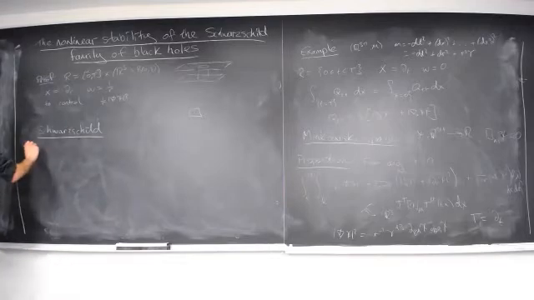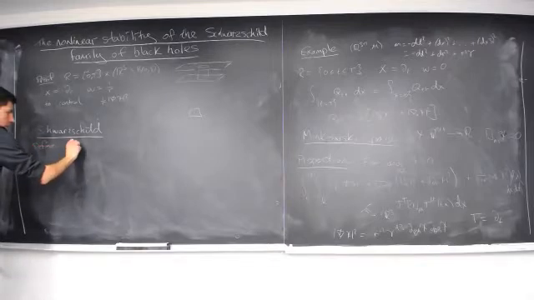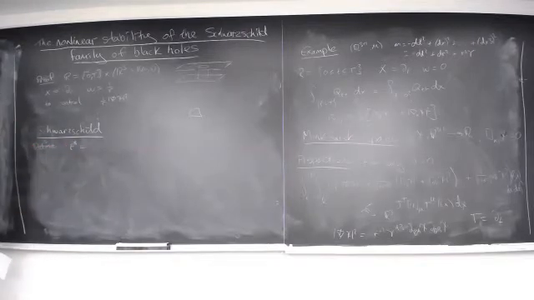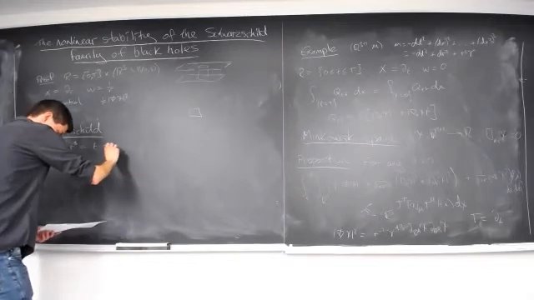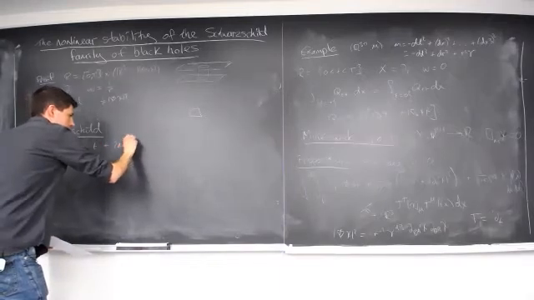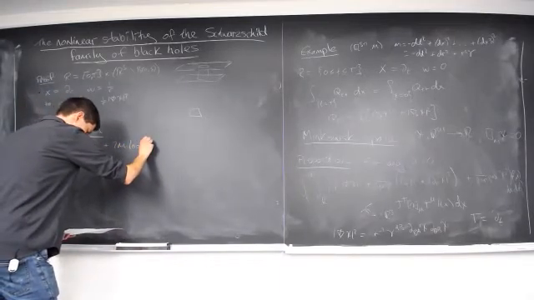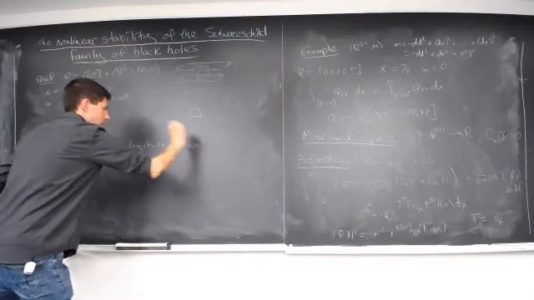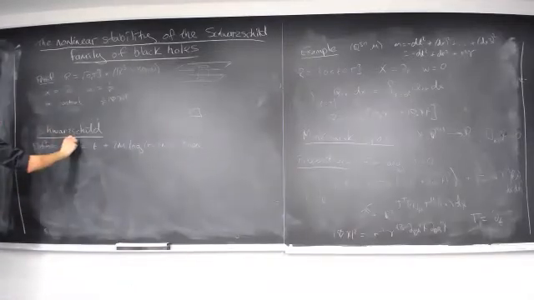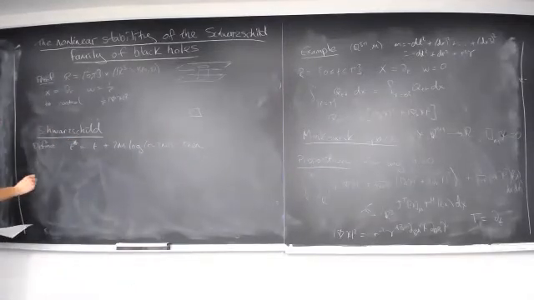So it's more convenient to write Schwarzschild in a different representation. However, the metric looks a bit less familiar. If one defines this t star, then the metric in t star, r coordinates looks like this.